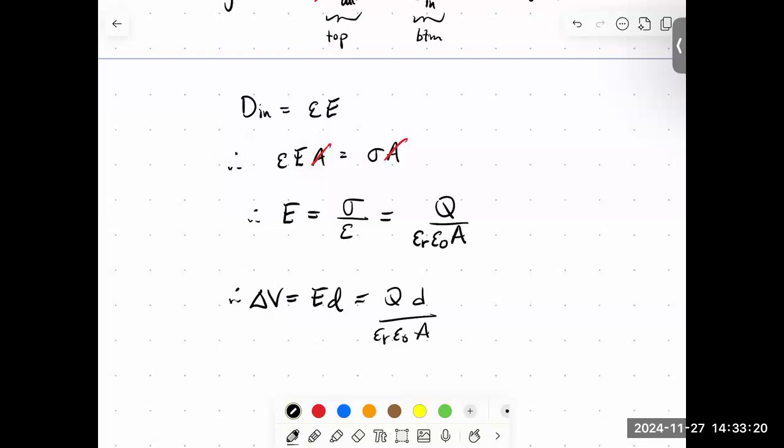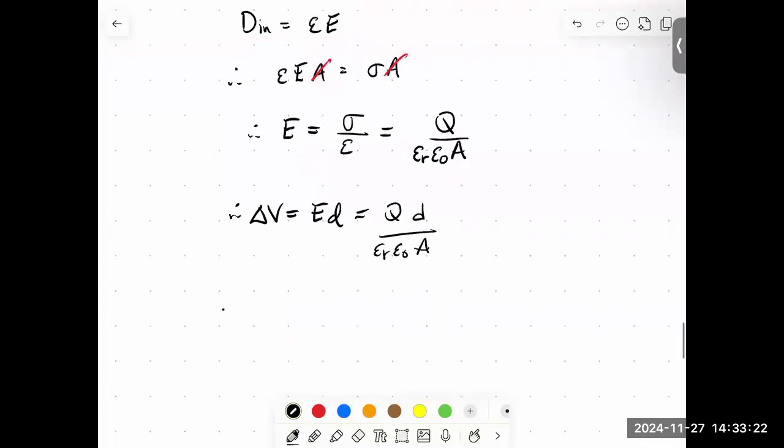All right. I'm going to rearrange this to be Q over delta V, which is the definition of capacitance. So if we solve for Q divided by delta V, it's going to be epsilon R epsilon naught A divided by D. What is epsilon naught A over D?